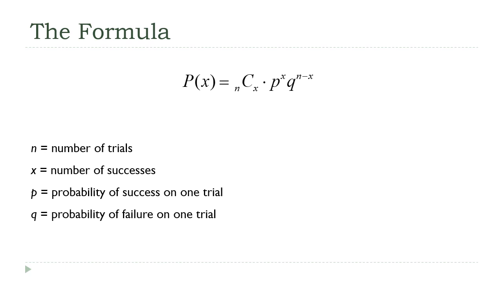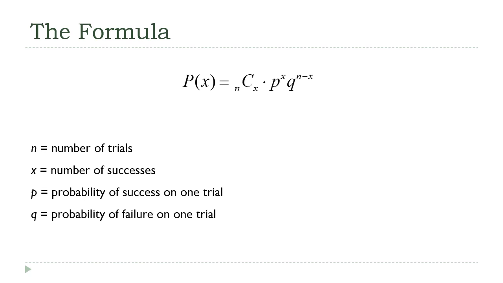So first, remember we're talking about a scenario where you're looking at a certain number of samples, a certain number of people. Some of them are successful, some of them are not. And you want to know the probability of getting a certain number of successes out of that number of trials, right? So N is the number of trials. That's the number of samples, the number of patients, or whatever it is we're looking at.